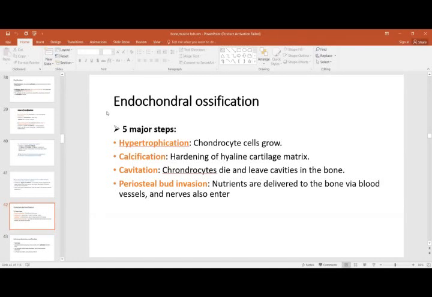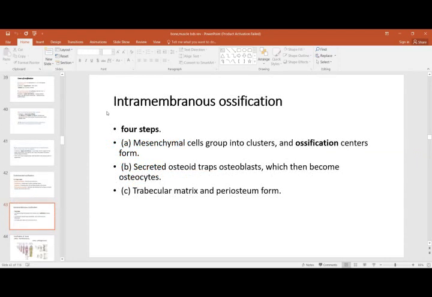Then the periosteal bud, that is the periosteal artery, invades, nutrients are delivered to the bone via the blood vessels, and nerves also enter, and the formation of osteocytes goes on. So basically in intracartilaginous ossification, first the cartilage cells die off and then they are replaced by bony cells.